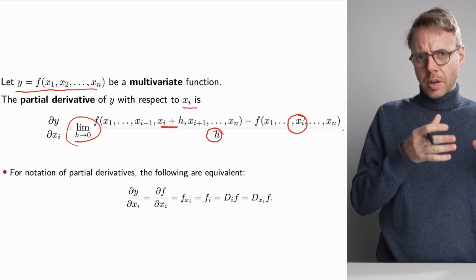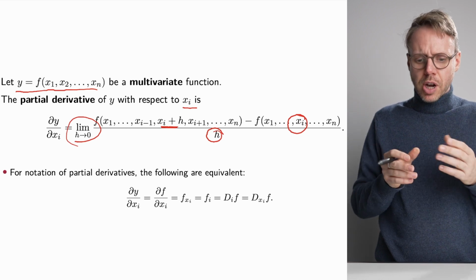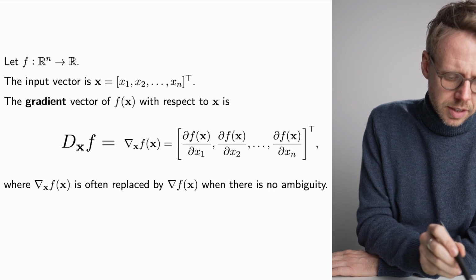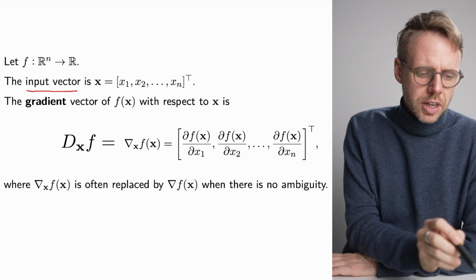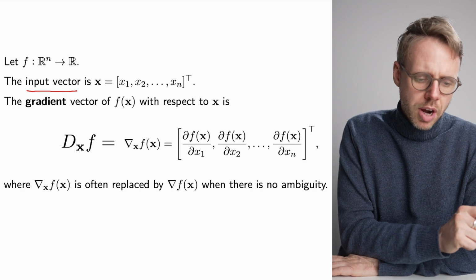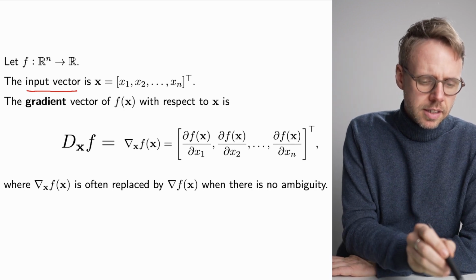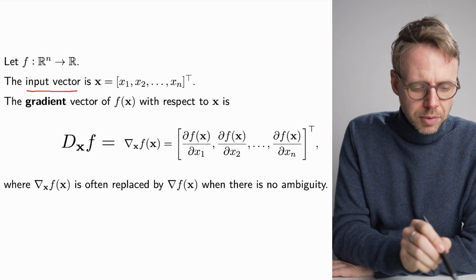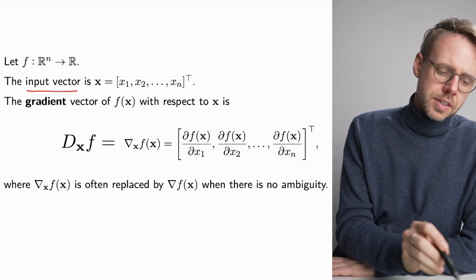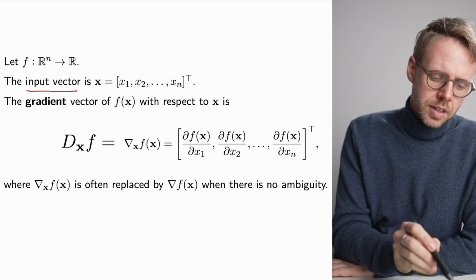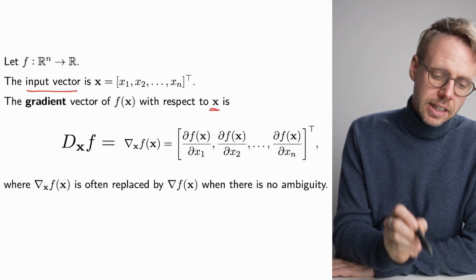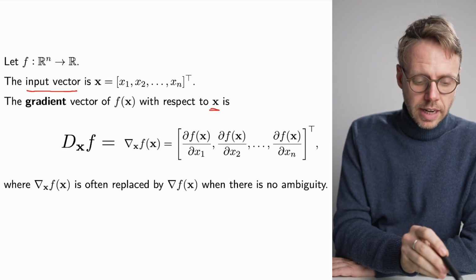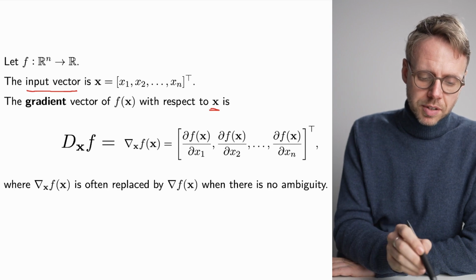And the gradient was the vector of all these n partial derivatives, so it's a vector of size n. So here we see that for this multivariate function, which goes from R^n, so it takes a parameter input vector x that is n-dimensional and computes a single output value, the gradient vector of this function f of x with respect to the vector x is the vector of all the partial derivatives.